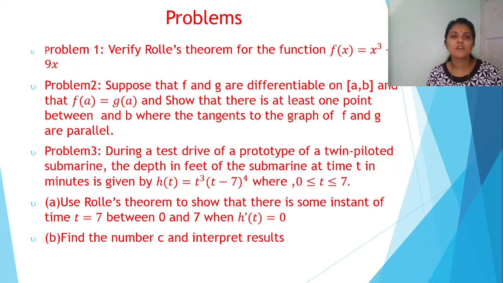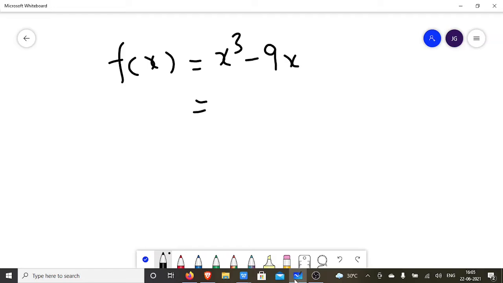First problem is verify Rolle's theorem for the function f of x equal to x cube minus 9x. We first have to find the closed interval [a, b]. For that we have to find the points where f of x equal to 0.